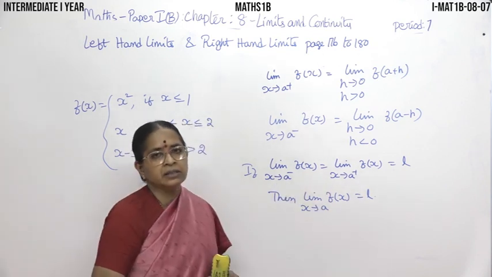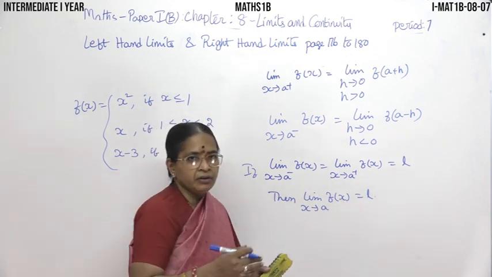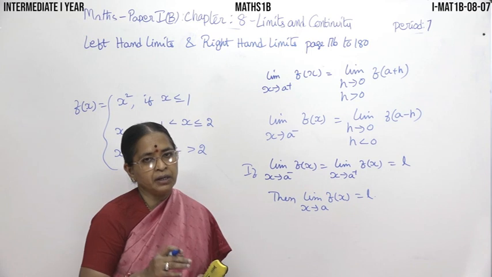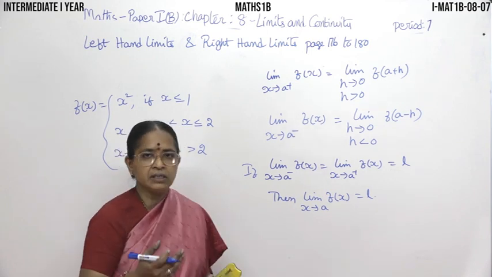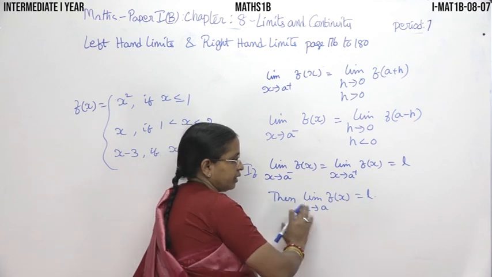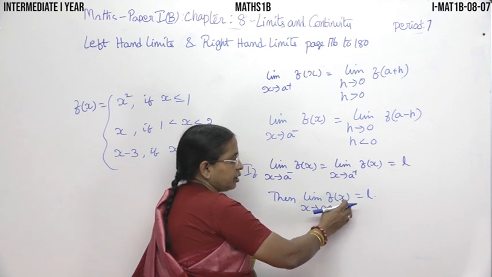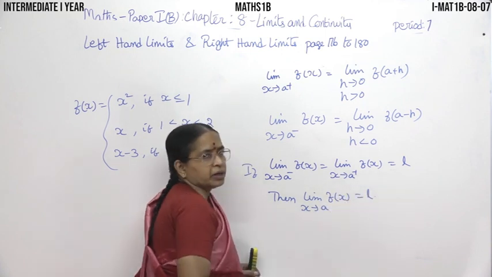Limit does not exist does not mean that it is infinity. Infinity is a defined value. Limit value equal to infinity is existing. It is not that. You cannot say that the limit x tending to a of f of x is equal to some number.